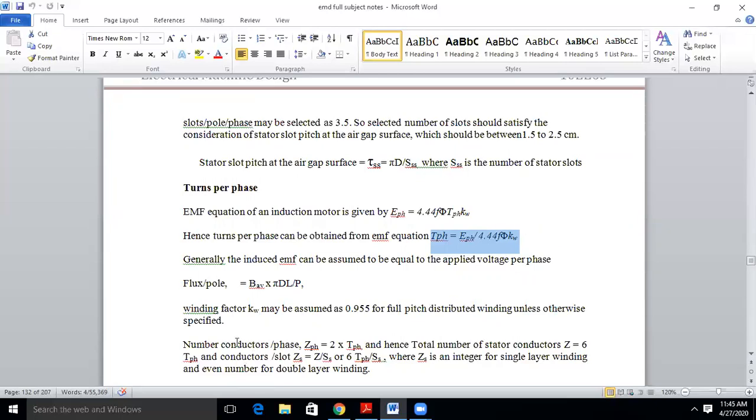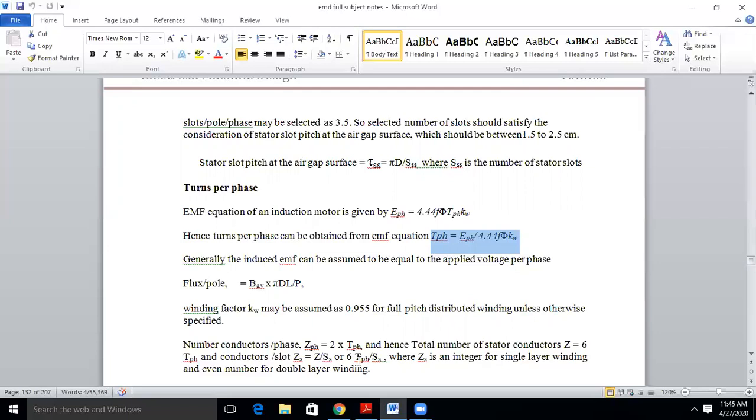Now we can get the number of conductors per phase. Z phase is equal to 2 into T phase, and hence the total number of stator conductors Z is equal to 6 T phase, and the conductors per slot Zs is equal to Z divided by Ss, that is 6 T phase divided by Ss.